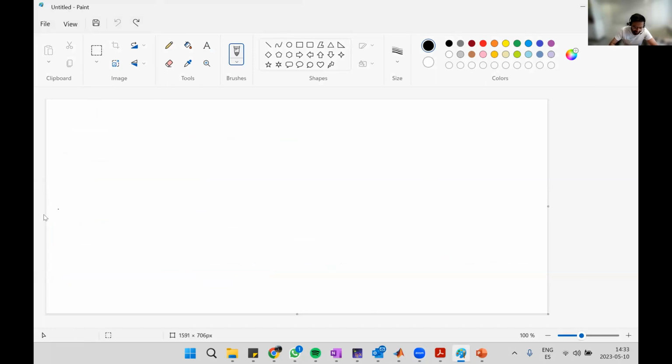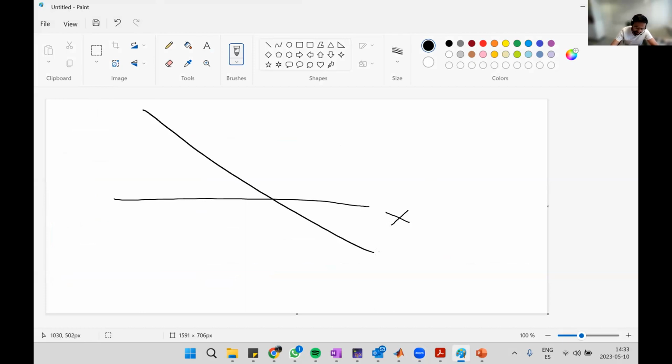Bisection is that imagine this is my zero line. This is my zero x-axis. Actually, this is the x-axis. And this is my function y, which is a function of the argument x. This is x, this is y of x.